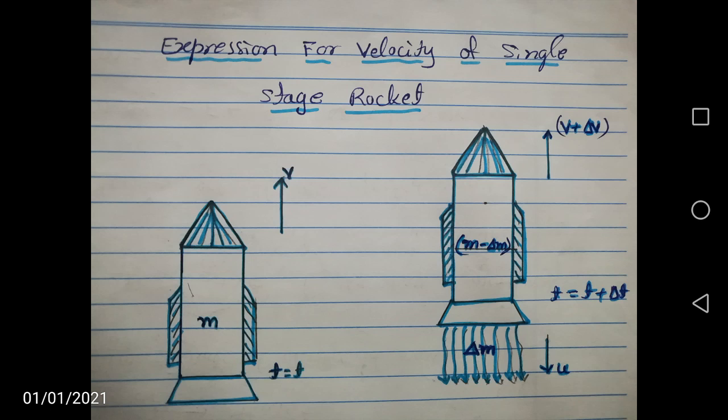A rocket is a device used for carrying an artificial satellite to a suitable height for placing it in an orbit around the Earth or around a planet. A rocket consists of a combustion chamber in which fuel is burnt.